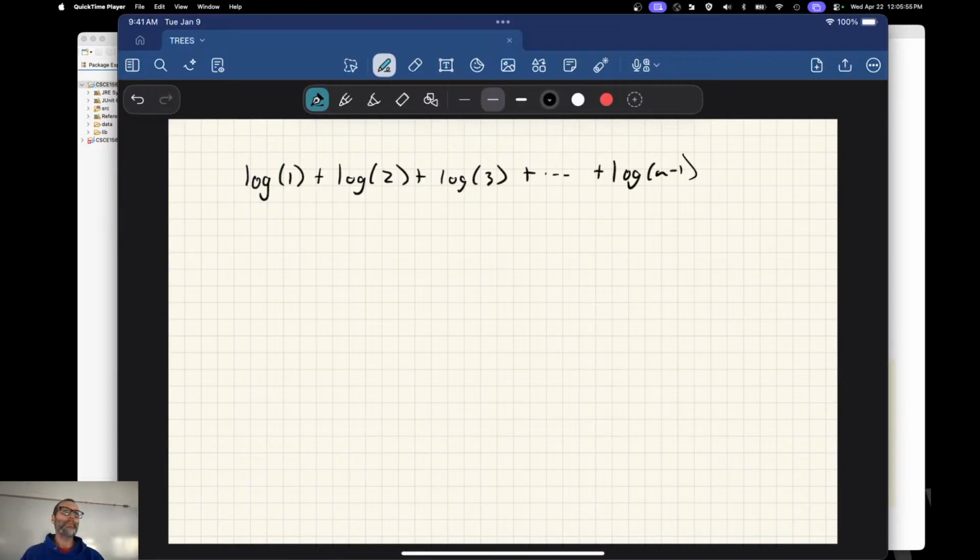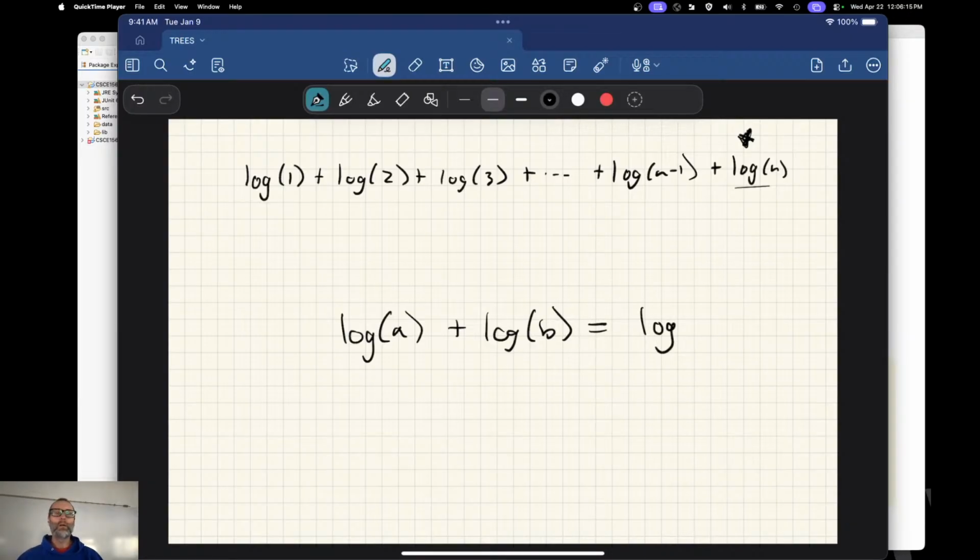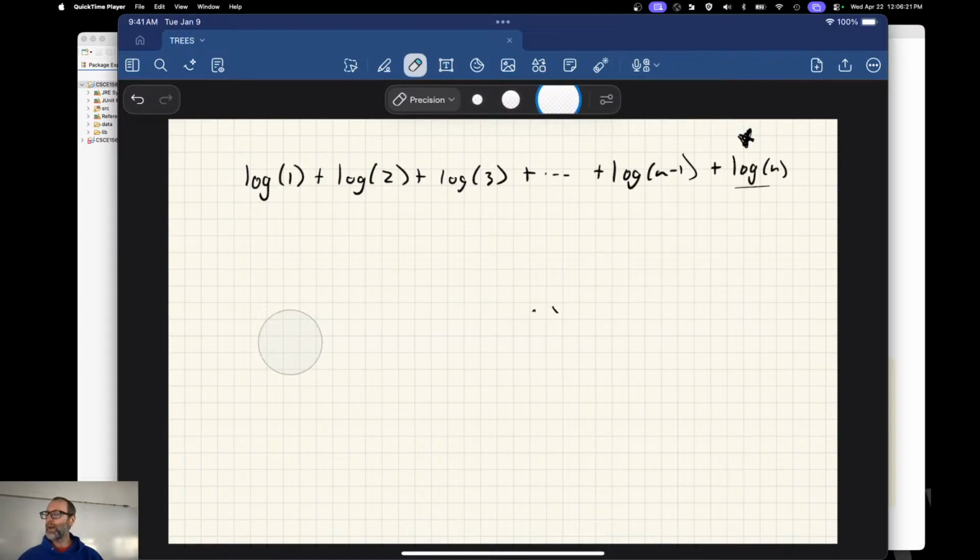You know what? Let's also simplify it to log of n, and we'll put an asterisk on that because we're not actually going to count that, but I want the math to look nicer. Log identities. Log of A plus log of B is equal to what? Log of AB, A times B. Let's apply that to all of it.